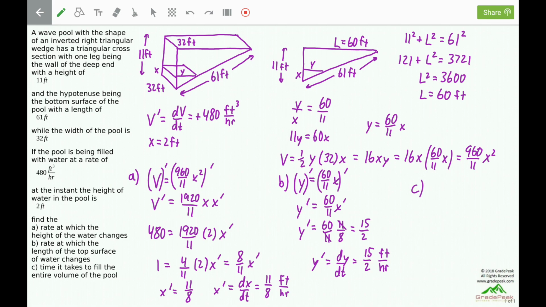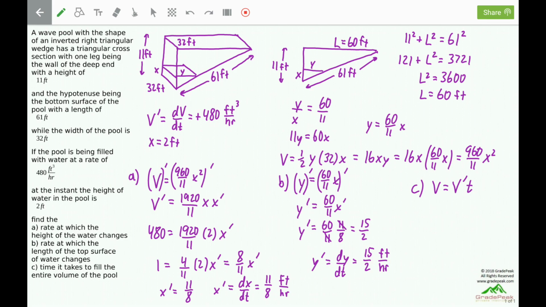For part C, we want to figure out the time it takes to fill the entire volume of the pool. The volume of the pool is being filled with a volume rate, v prime, for an amount of time t.